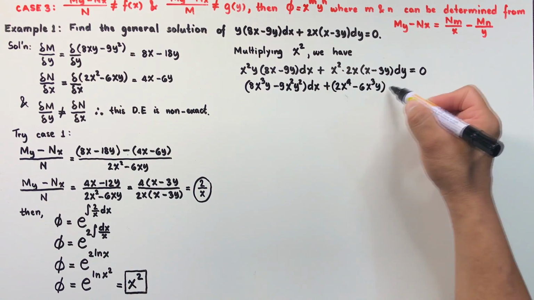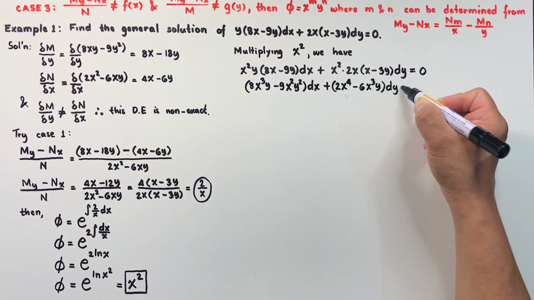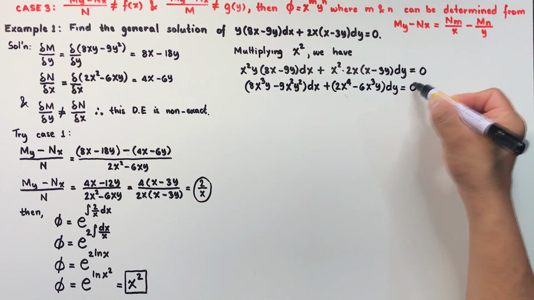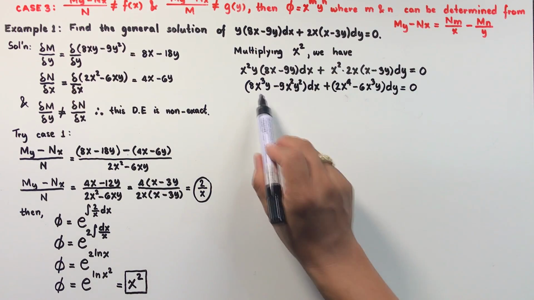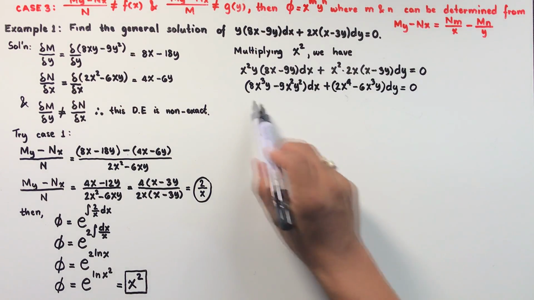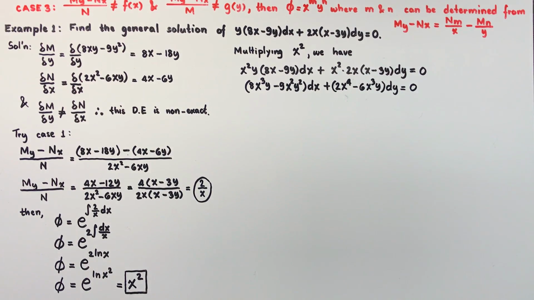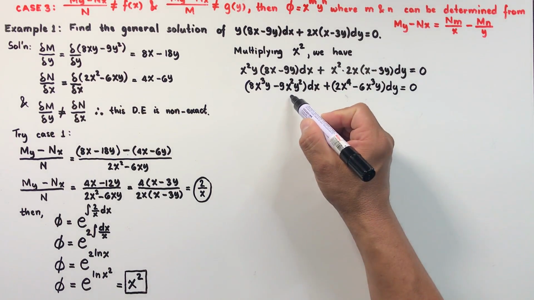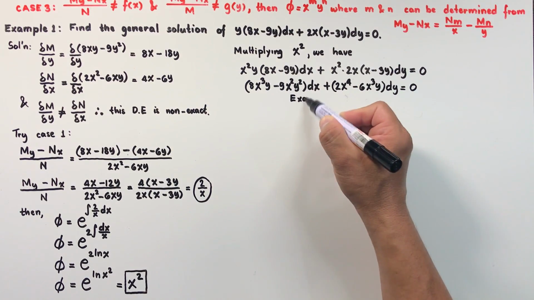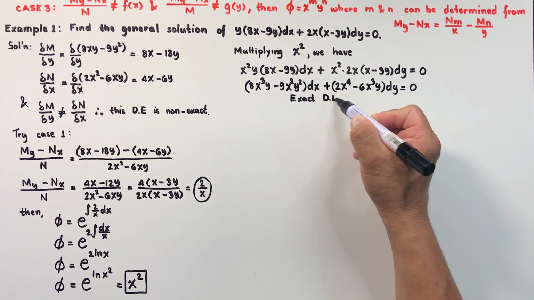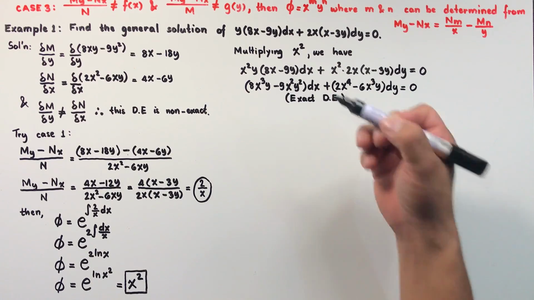So this is multiplied by dy, which is equal to 0. And you can check that this differential equation is now an exact differential equation. So we write here, this is an exact differential equation.